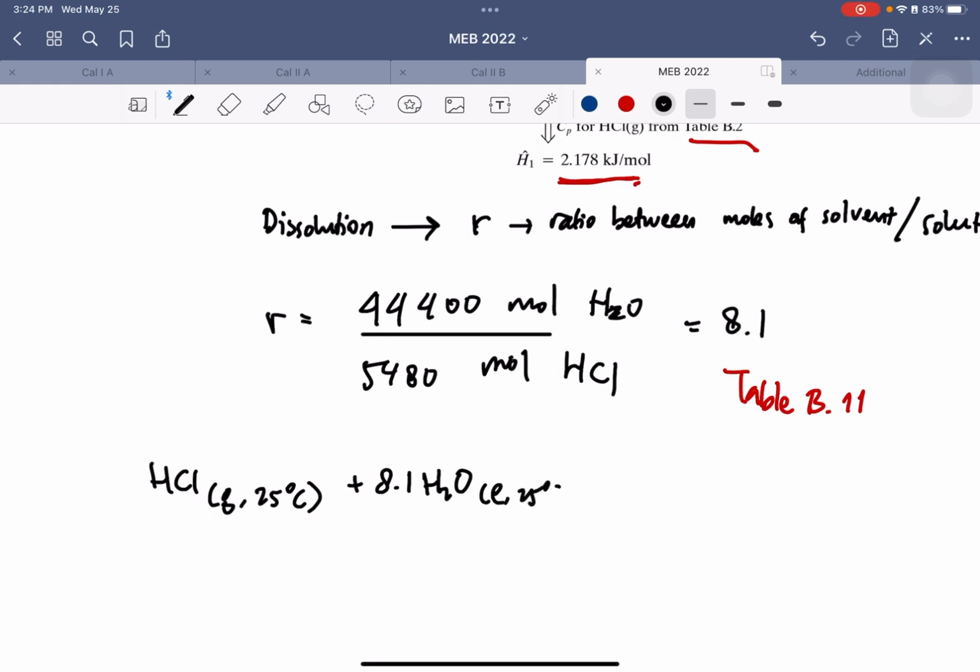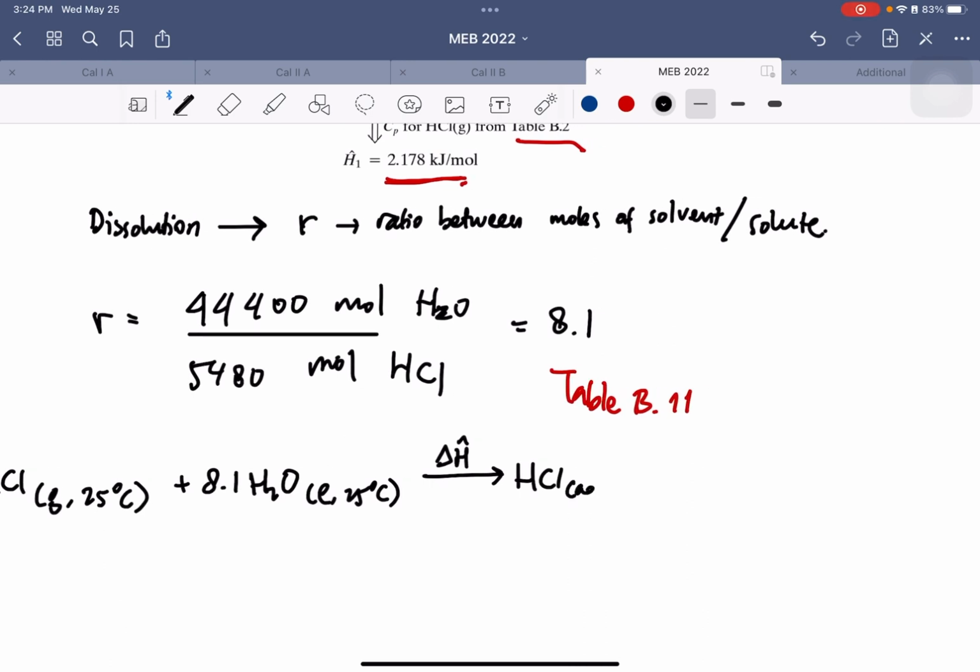Liquid at 25 degrees Celsius has some change in enthalpy, and it becomes from gas to aqueous, or it becomes absorbed into the chamber. Let's say this is A, this is B, and then the HCl increases in temperature.